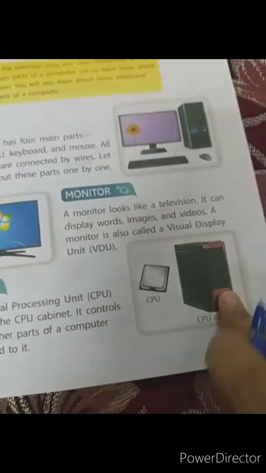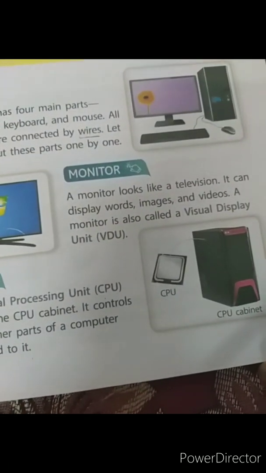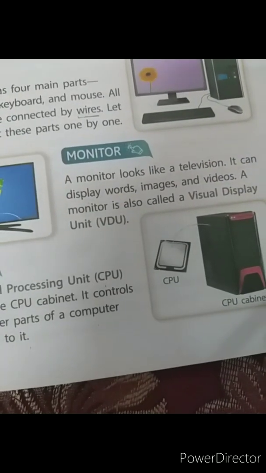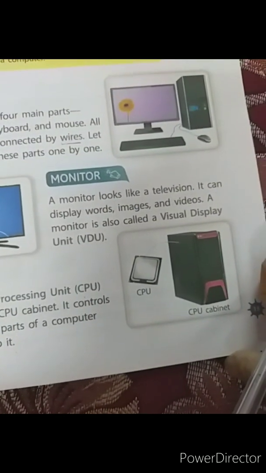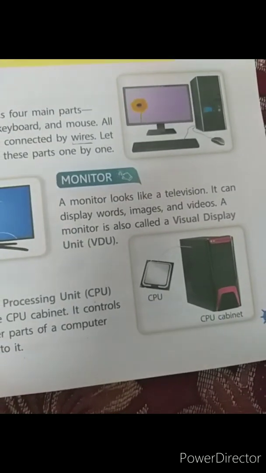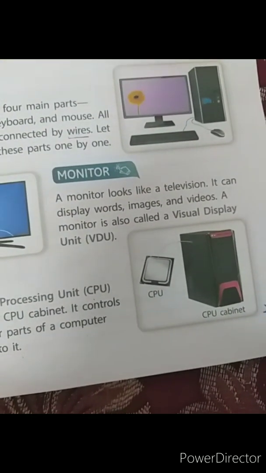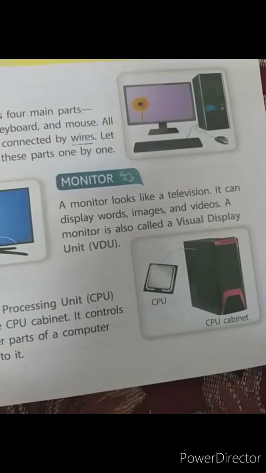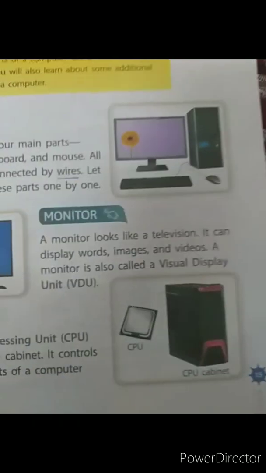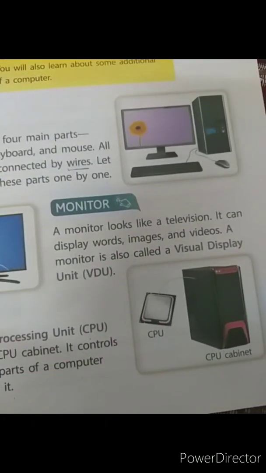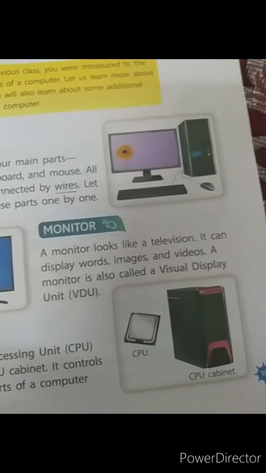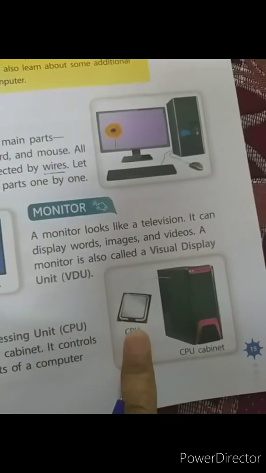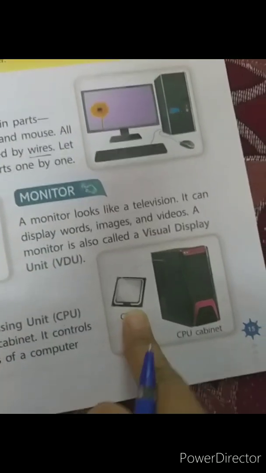For example, we have a brain, okay, and if our brain is not working, what do we do? We can talk rubbish, we can move here and there, we are not combing our hair and many more things. So in a human body, if our brain is a CPU, same like this, CPU is also called the brain of the computer.